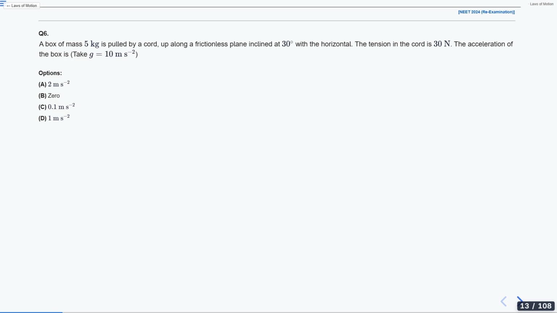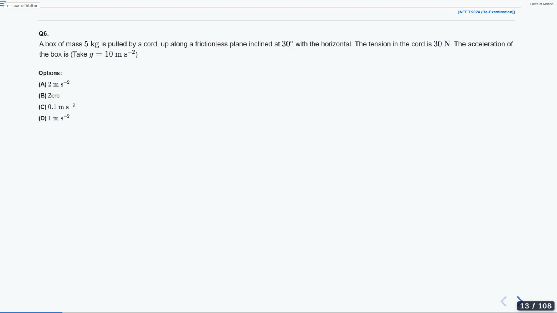Am I audible to you? Is there any option D is correct? Some of the students are telling, sir, option D is correct. I want everyone's answer. Please do it fast. Everyone's answer should be in the chat box. Only 2 students have answered it.